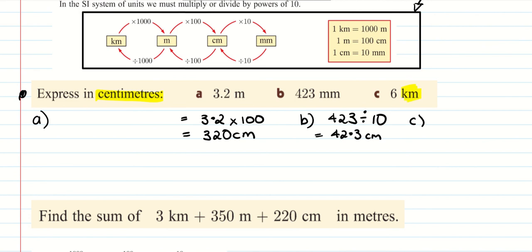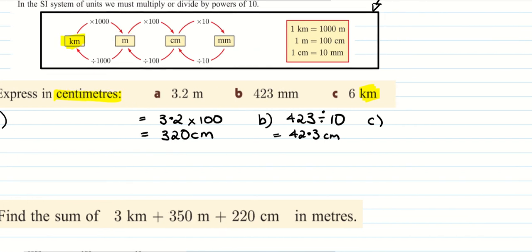And the final one is 6 kilometres. So we're starting off with kilometres, which is a really big distance, and we're going to centimetres. Now we're going to have to do 2 different hops. We're going to have to convert from kilometres to metres first by timesing by 1,000, and then from metres to centimetres by timesing by 100. So we'll have 6 kilometres times by 1,000. That's our first hop.